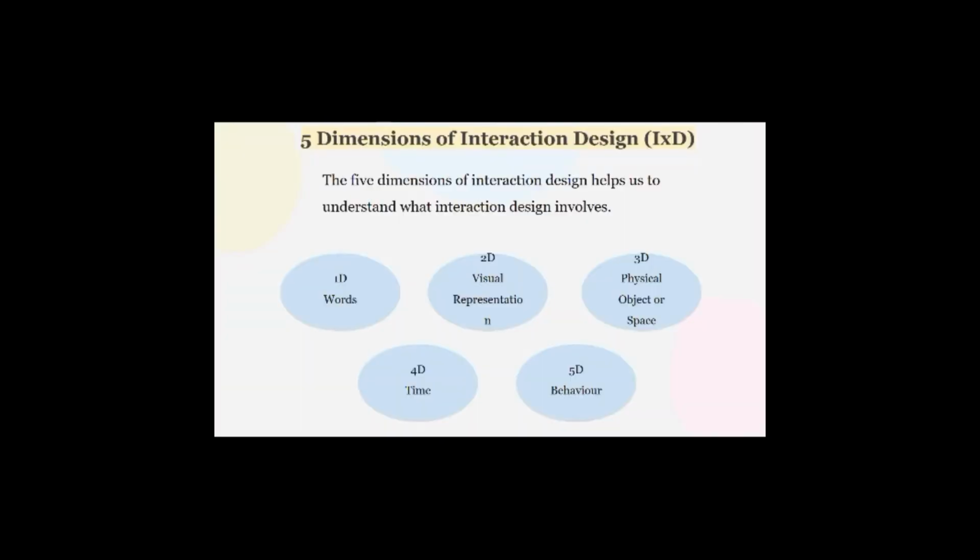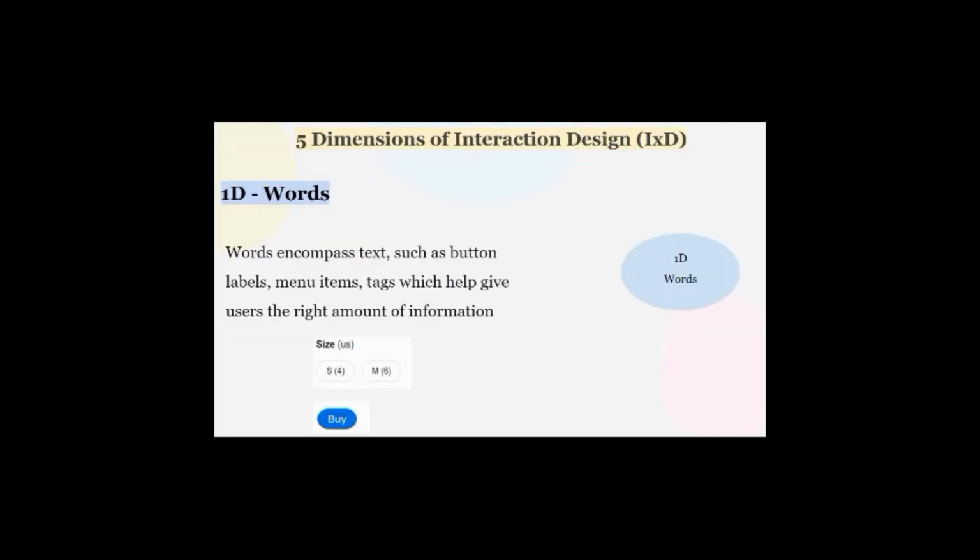Now let's discuss the 5 dimensions of interaction design, which will help you understand the basics while creating the interaction design for a product. Number 1 is words. One of the ways by which a design communicates with the user is with the help of words. Words encompass information. The information should be passed on to the user in such a way that it is meaningful and easy to understand.